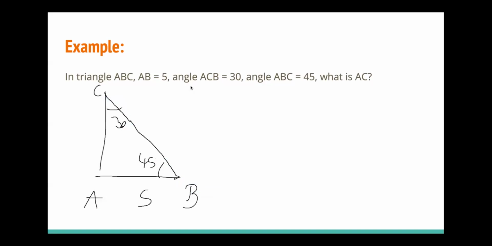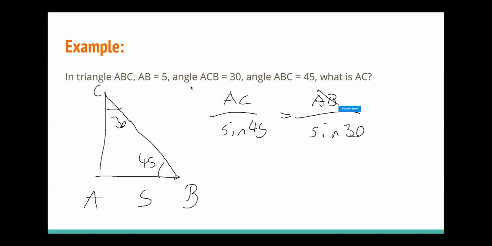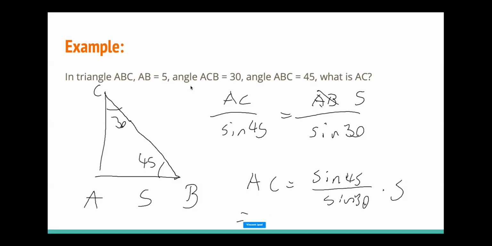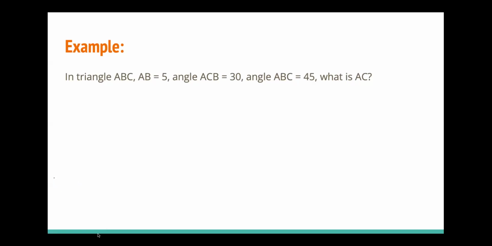Well, we know AC over sine 45 is equal to AB over sine 30. AB is 5. So AC is equal to sine 45 over sine 30 times 5, which is equal to root 2 over 2 over 1/2 times 5, which is root 2 times 5, or 5 root 2. Alright. Next problem.